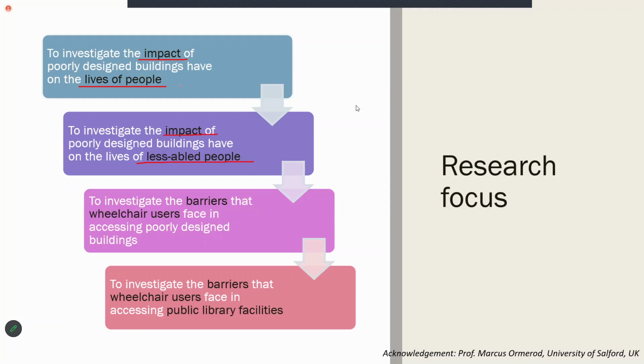The first topic is about everyone, but the second one focuses on the less able people. Now, can you see the type of literature we are going to use to narrow down this research?